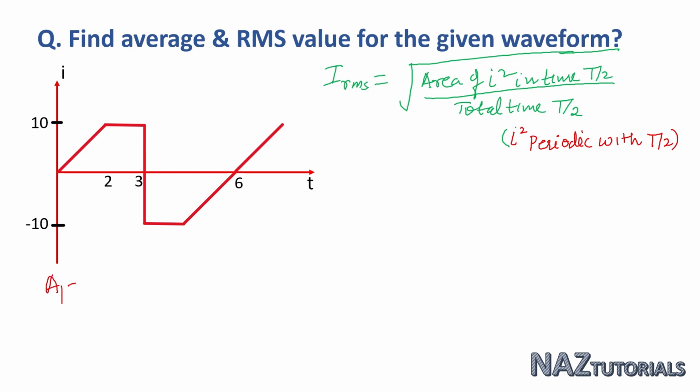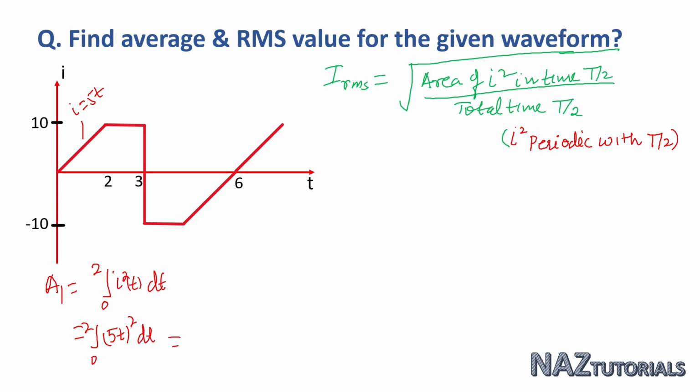Now calculate the area. There are two areas as we calculated earlier. Area 1 for 0 to 2 seconds is the integration of I square t dt. So it is 0 to 2 seconds, where I is equal to 5t, so this is 5t square dt.